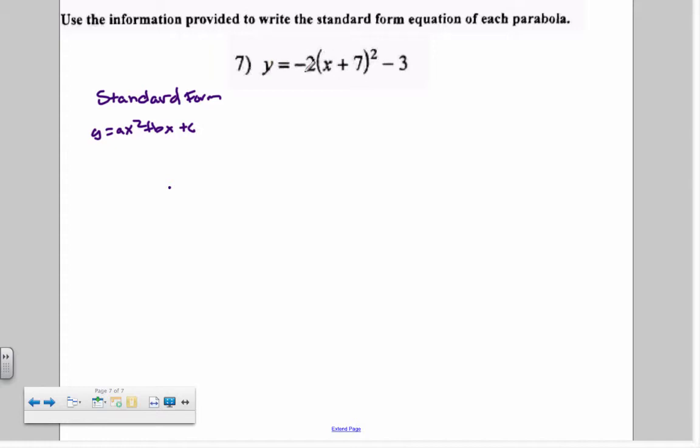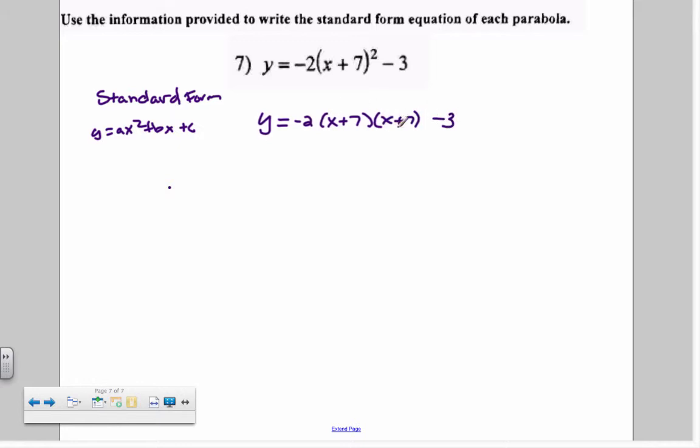So here I have y equals negative 2 times the x plus 7 squared minus 3. Order of operations applies here when I'm trying to write this in standard form. So I need to take care of this squared first. So I need to do the x plus 7 squared. Now remember that I cannot just distribute the square in. That's not the same. X plus 7 squared is really the same as x plus 7 times x plus 7.